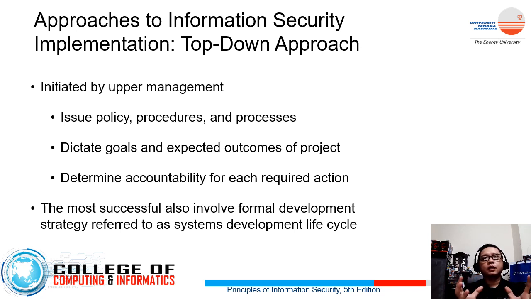Then you identify the information assets you have, the risks, the people for your project, the policy you can implement, and the technology that can support the implementation. That can be a successful top-down approach.